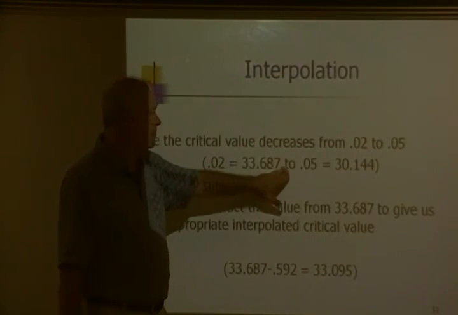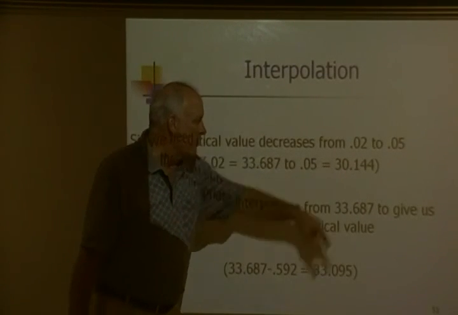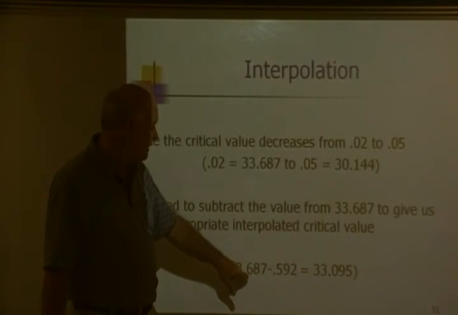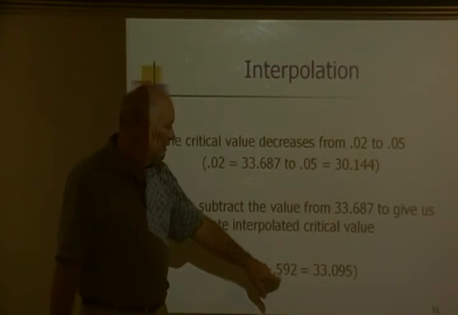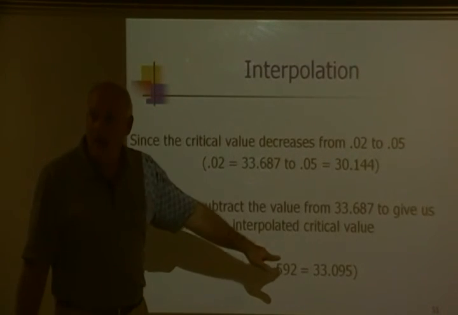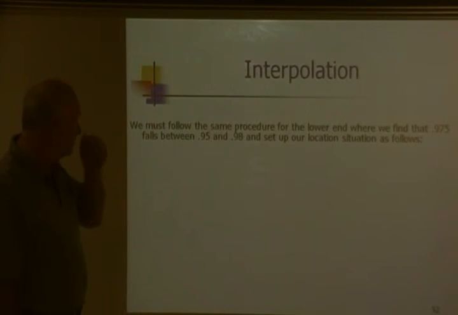So 0.02 is 33.687, and it decreases down to 30.144. So we have to subtract that: 33.687, and subtract the value of 0.592, gives us now our interpolated value of 33.095.